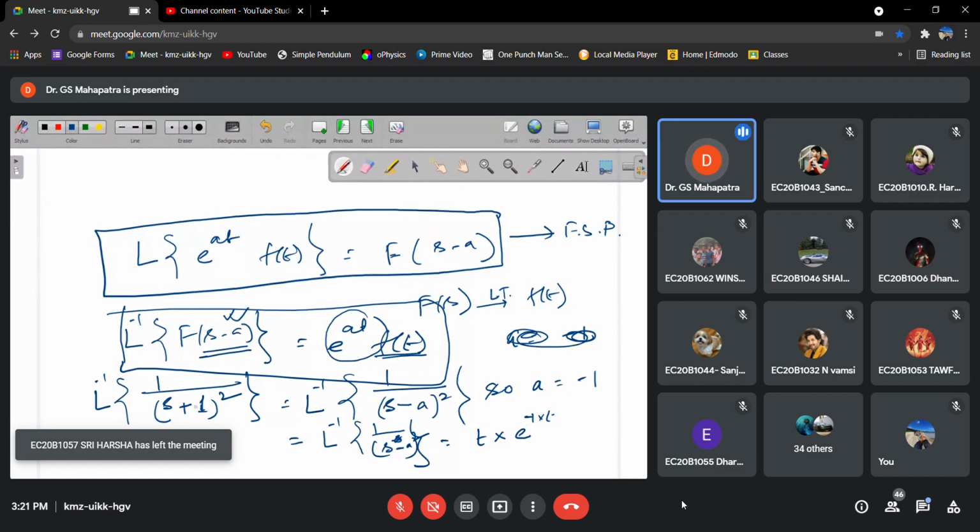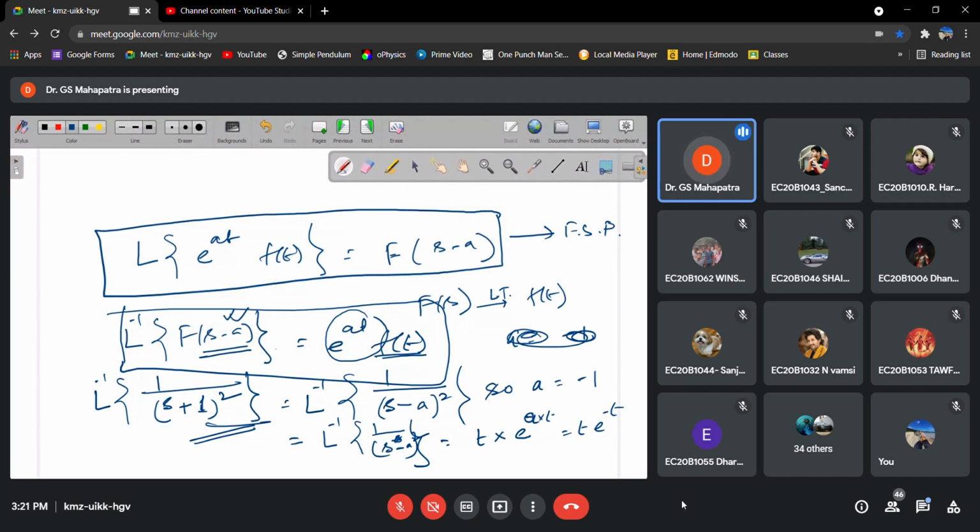Actually it is s plus 1. We have written s minus a, that means a is minus 1. So it is e to the power at. The answer is actually e to the power at, correct? a is minus 1. So t e to the power minus t. This is the inverse Laplace transform of this, using the inverse of the first shifting property.